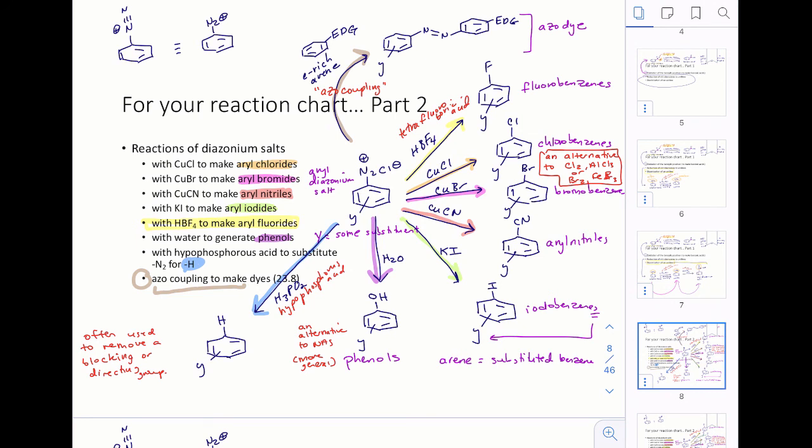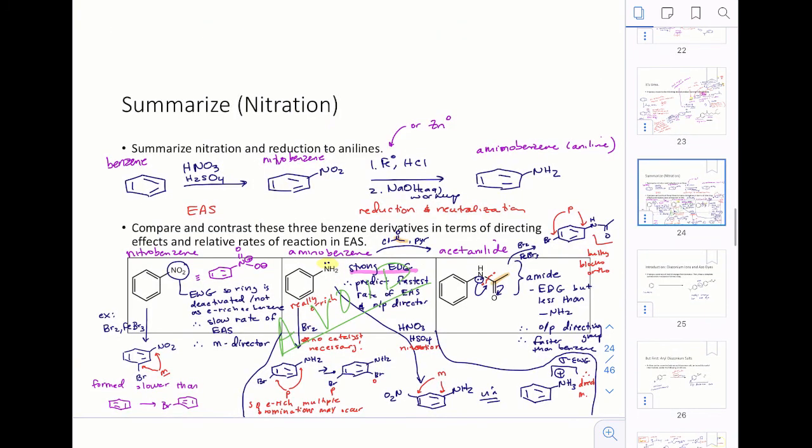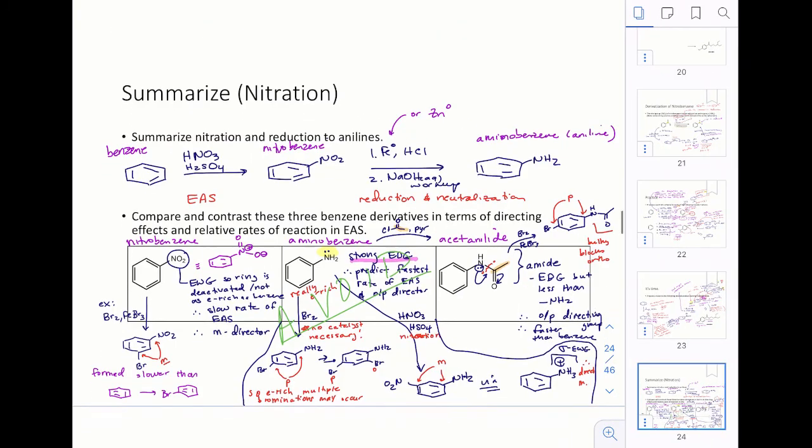And I would say the trickiest one was the hypophosphorous acid reduction, because that is hard to see in the end because there's just a hydrogen there. But we did that when we used this group as a blocking group or directing group. And then when to use the nitro versus the amino versus acetanilide.